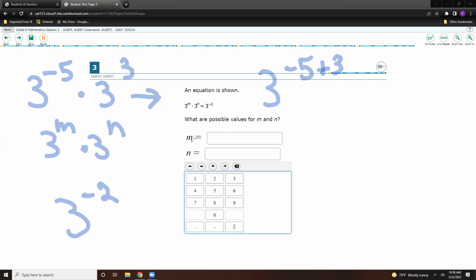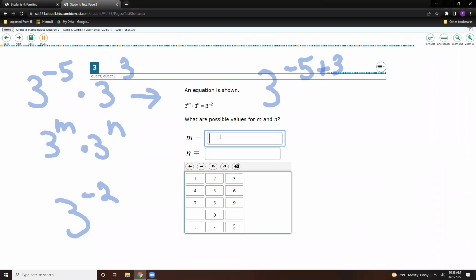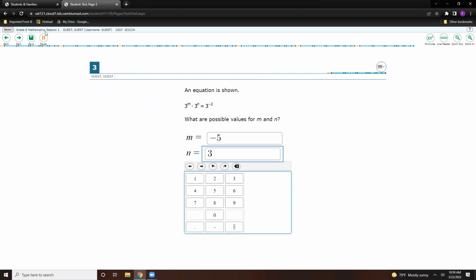You can find any pair, any two numbers with a difference of 2 where the larger number has the negative sign. So we can use this tool right here at the bottom, negative 5, and over here 3. That's how we use that, and we clear everything and move on.